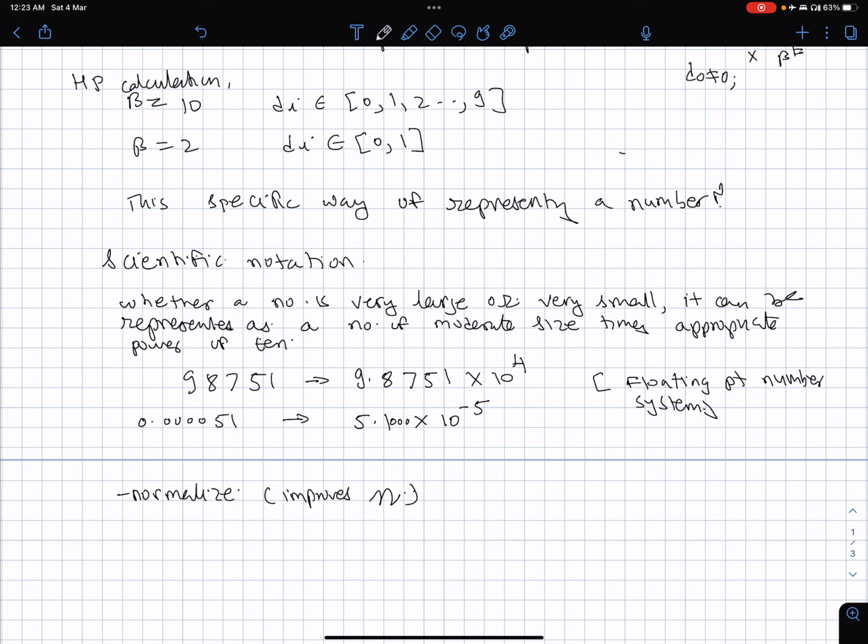This is normalization, and I would almost say it is mandatory for us.